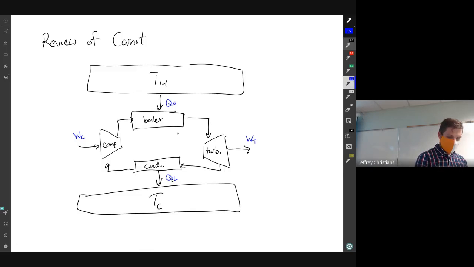We could take this and calculate the thermal efficiency, which we define as what we wanted over what we had to put in, what we had to pay money for. So what did we want out of our system when we're trying to generate work?